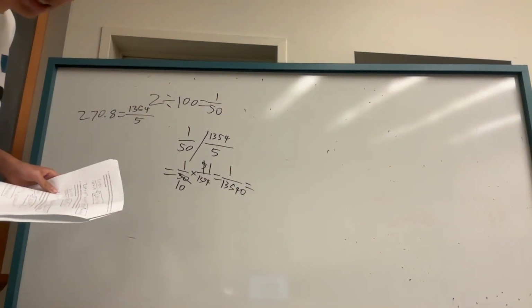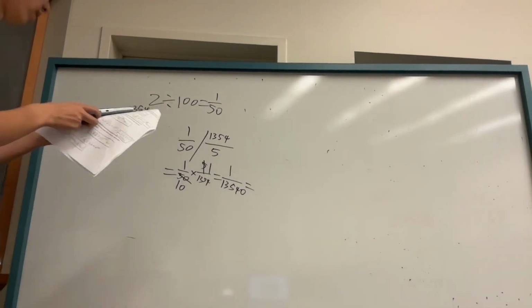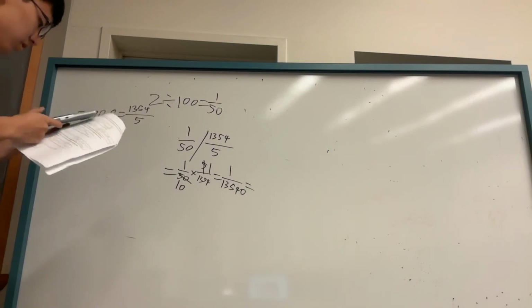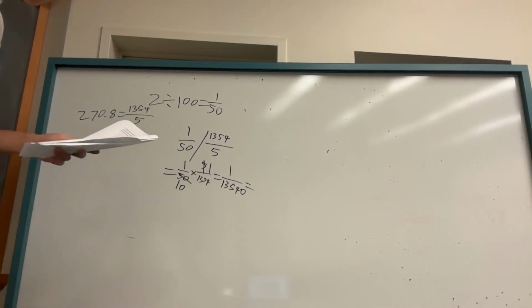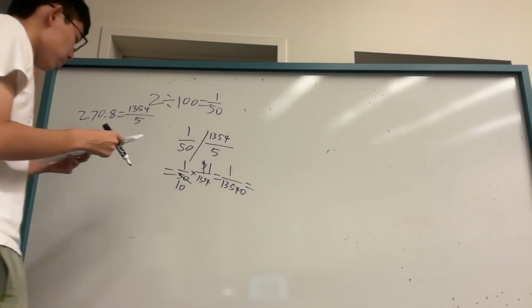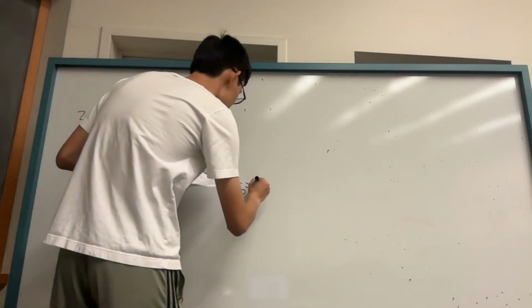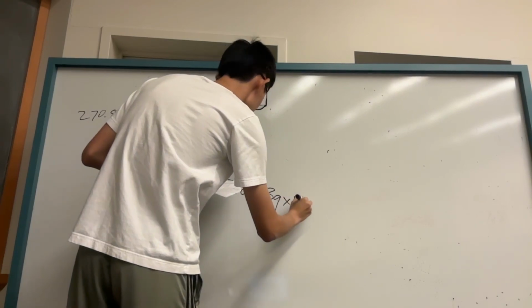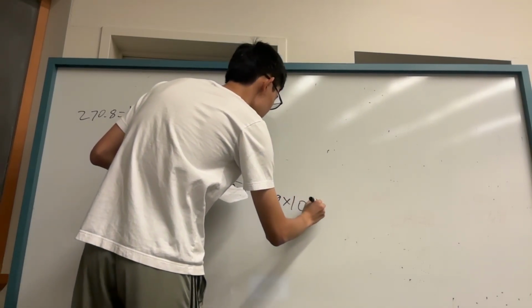To find that I might need to use a calculator, which is equal to about 7.39 times 10 to the negative fifth.